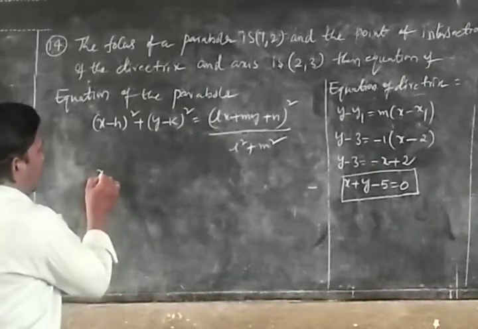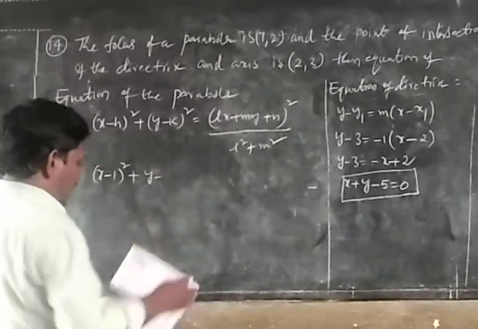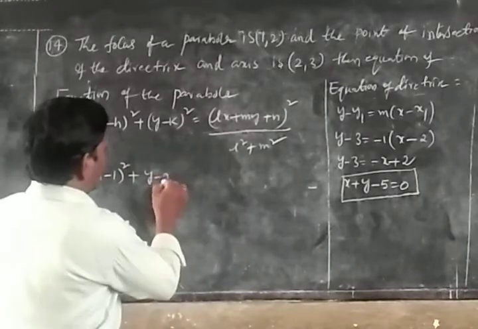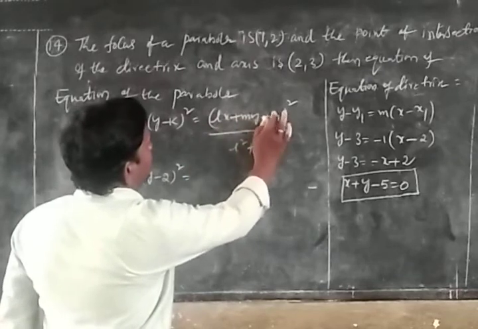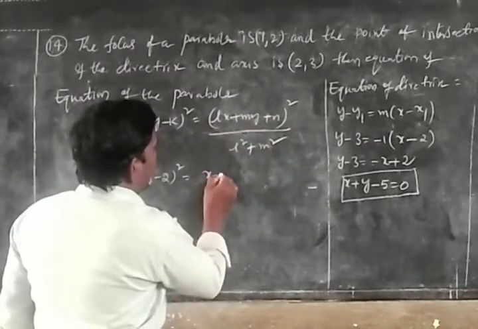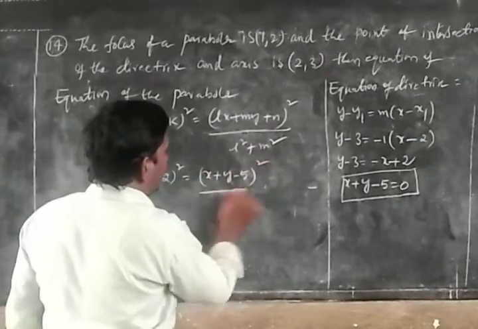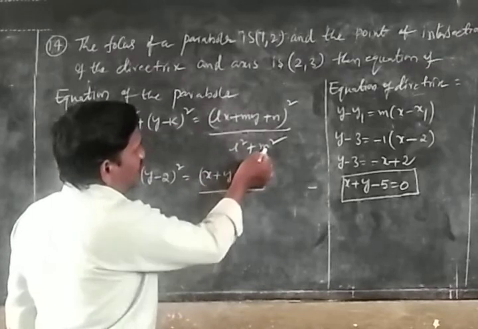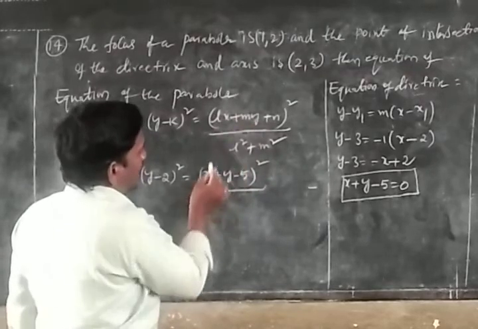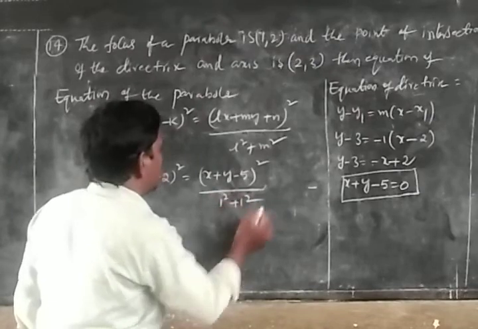That means (x minus 1) whole square plus (y minus 2) whole square equals (x plus y minus 5) whole square by, here l is 1 and m is also 1, so 1 square plus 1 square.